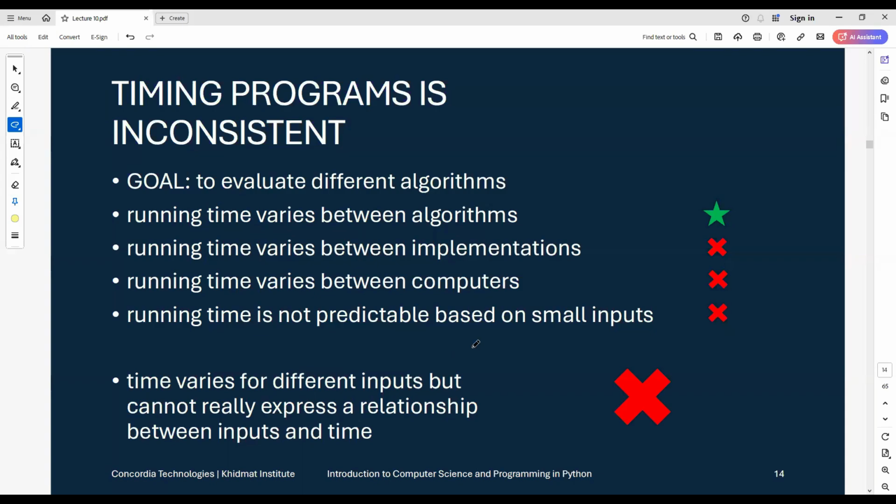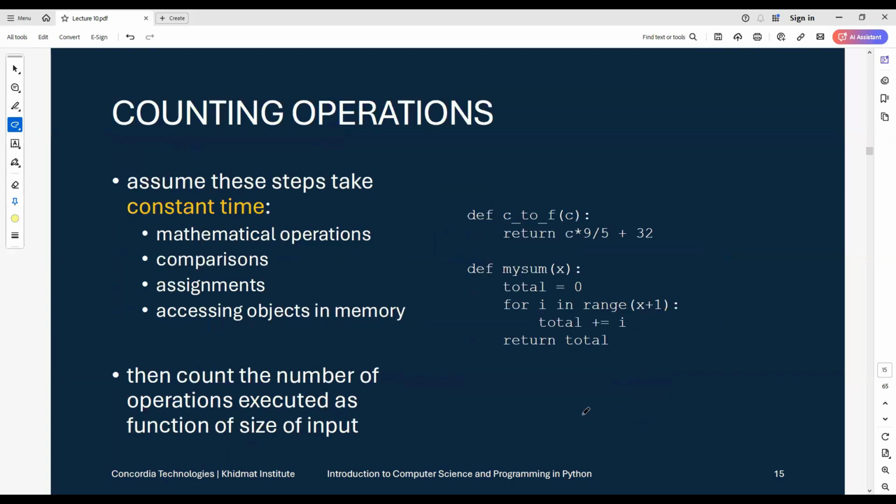Time is different when we provide different inputs, but we are still not really creating a relationship between input and time, because it depends on a number of other factors like the speed of the computer or different ways of doing the implementation. Let's take a look at another example.